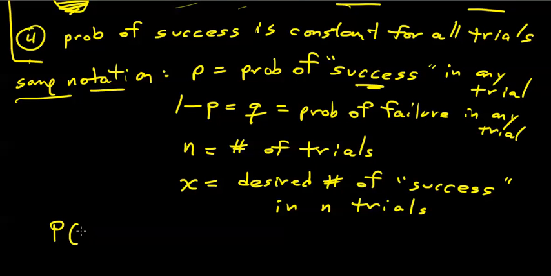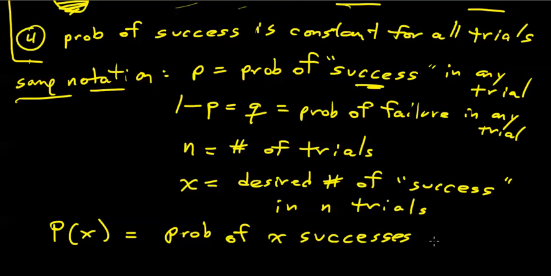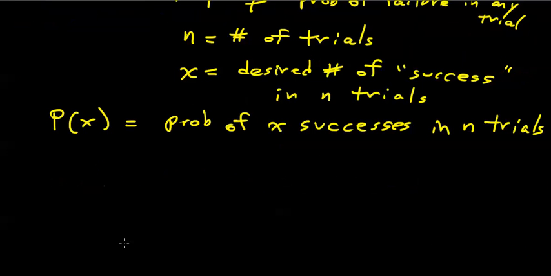And p of x, written in this function type fashion, is the probability of x successes in n trials. Alright, so that's where we're headed.